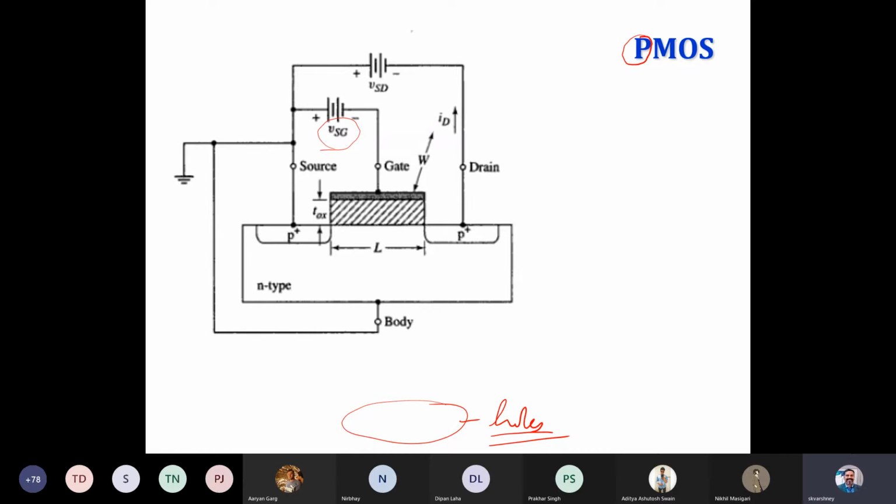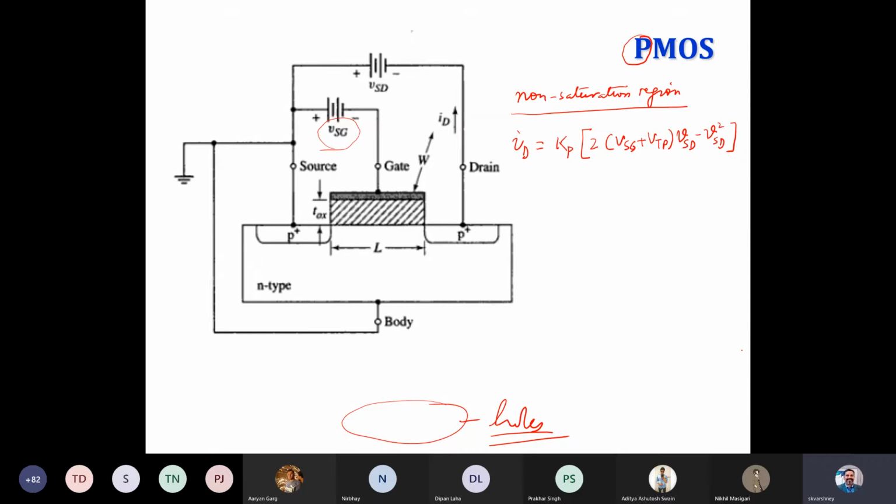So for the PMOS, the drain current in non-saturation region, ID, we can write down Kp and twice VSG plus VTP, VSD minus VSD square, right?